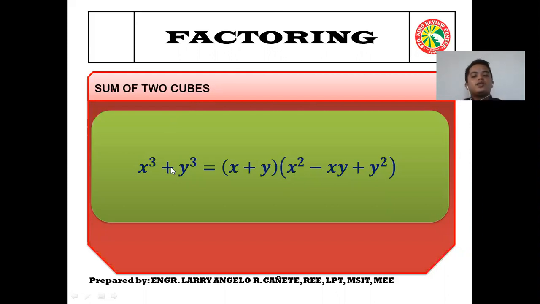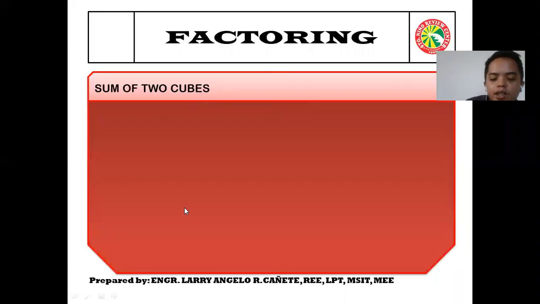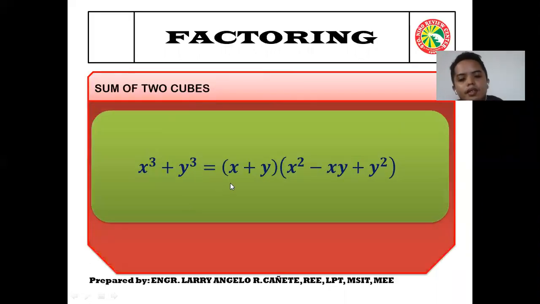To solve for this, all you have to do is check the first term. What is the cube root of x cubed? That is x. Same with y cubed. What is the cube root of y cubed? That is y.